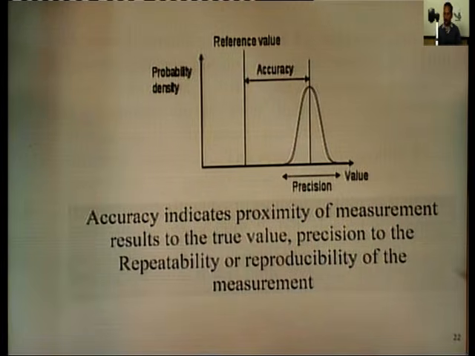Accuracy indicates proximity of measurement results to the true value, while precision indicates the repeatability or reproducibility of the measurement. This is the basic difference between the accuracy and the precision of a system.